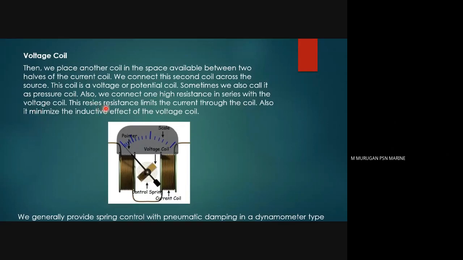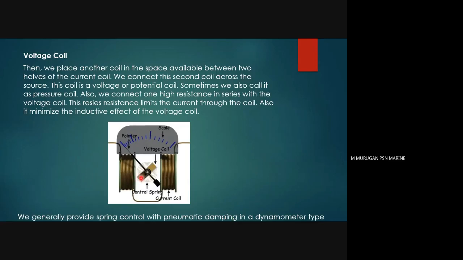This resistance limits the current through the coil. Also, it minimizes the inductive effect of the voltage coil. We generally provide spring control with pneumatic damping in a dynamometer type wattmeter. So the damping adopted for this instrument is pneumatic type damping.